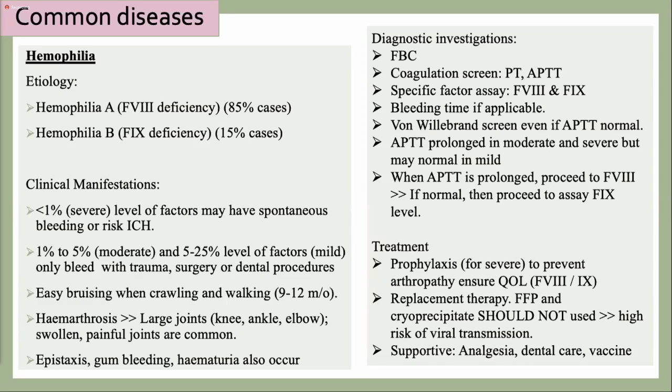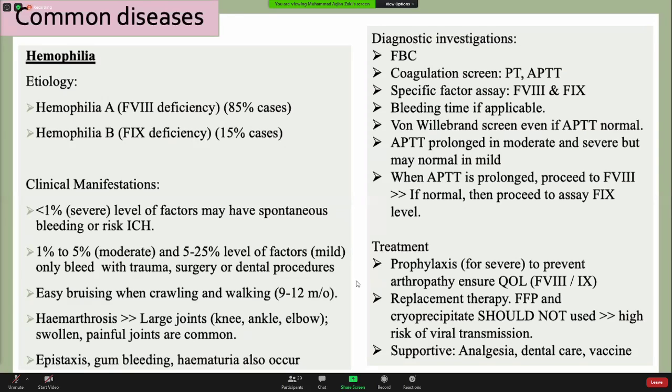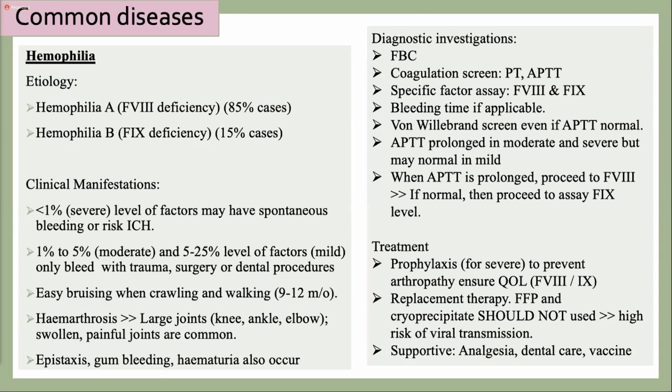So you don't give everything. Also, if you give all sorts of products, there will be inhibitors, and when there is an inhibitor, it becomes difficult. So ideally you give factor replacement, not FFP and cryo, because the more FFP and cryo you give, the more inhibitor will form.